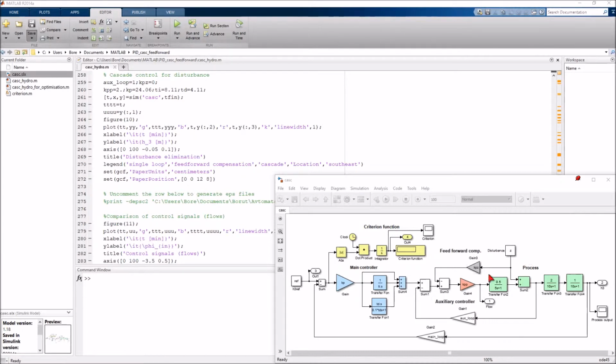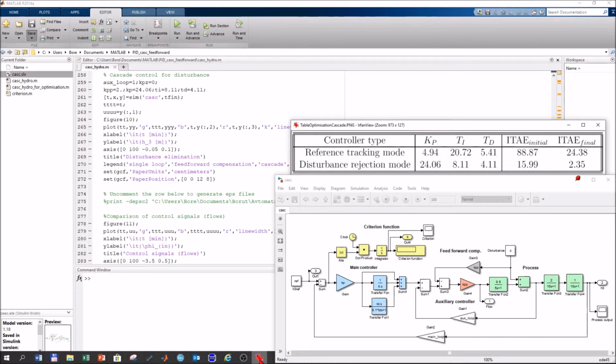The KPZ will be 0 because we did not include the feed-forward compensation in this study. The parameters of the main controller were obtained with computer optimization. The criterion function was used in this optimization, and we can also find the parameters which were obtained with this table.